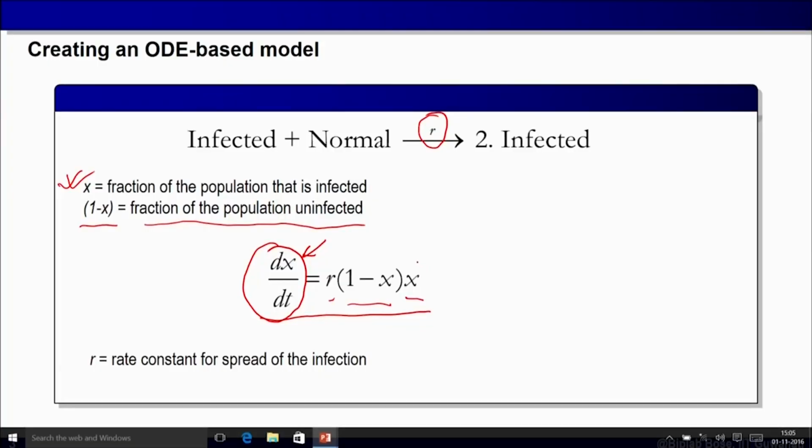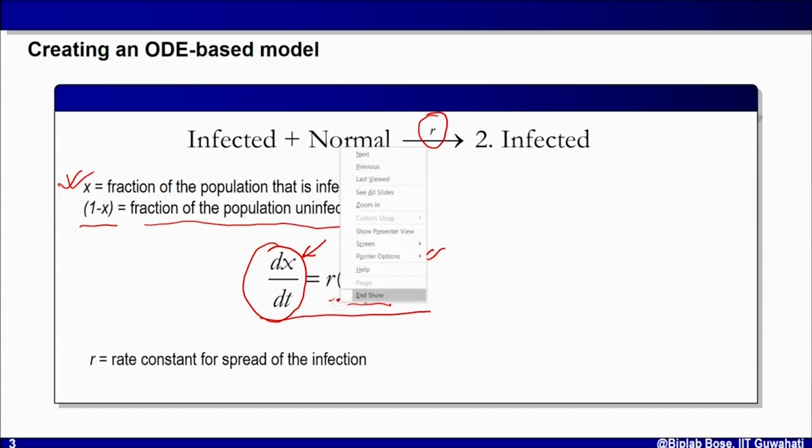Obviously, it depends upon how many infected persons there are and how many uninfected persons there are. That's why it is equal to, or proportional to, the multiplication of 1 minus x, this is the uninfected population size, into the infected population size, and we have put a rate constant here, r, as a proportionality constant.